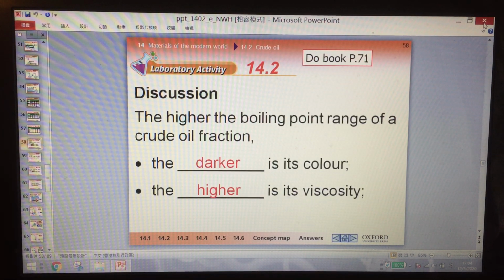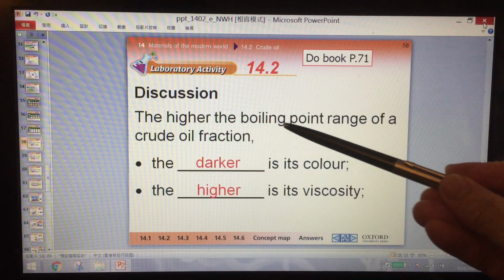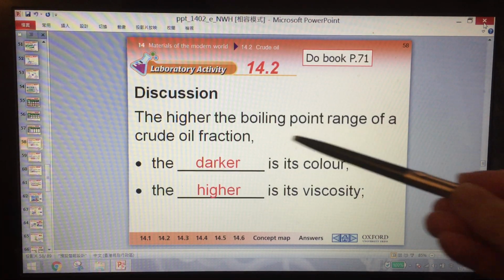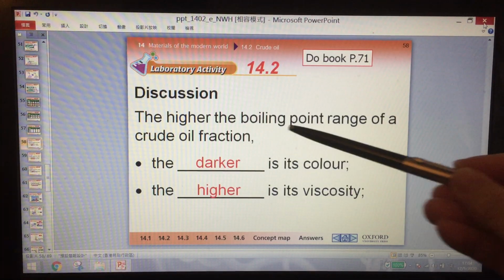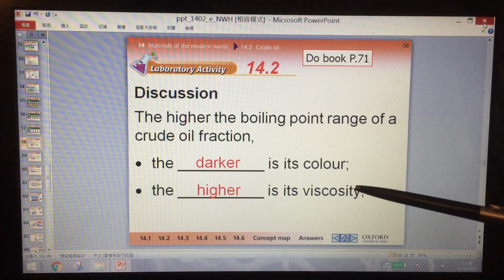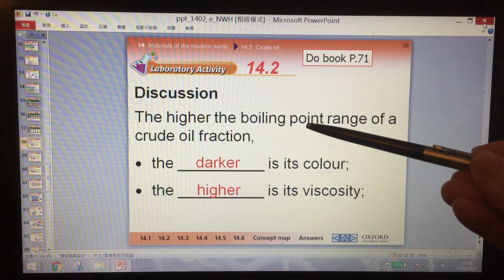So this is the discussion. The higher the boiling point range, the larger the molecule size, the darker the color and the higher the viscosity. Higher boiling point, larger molecule size.